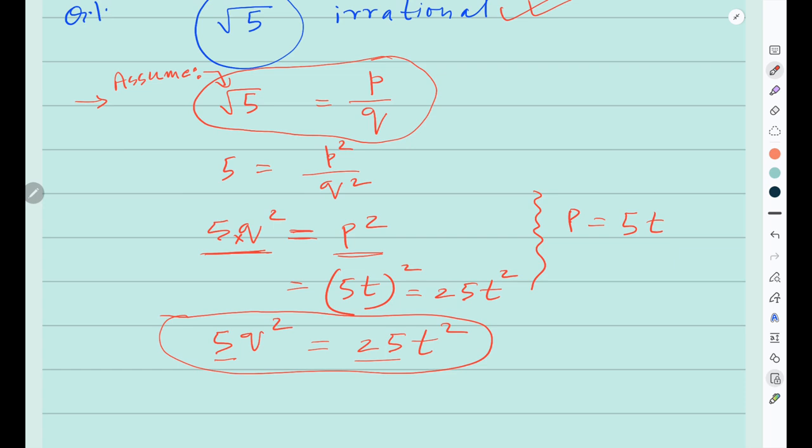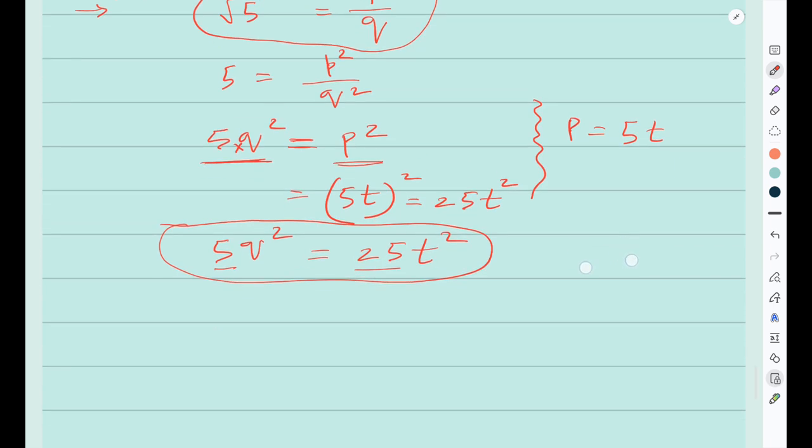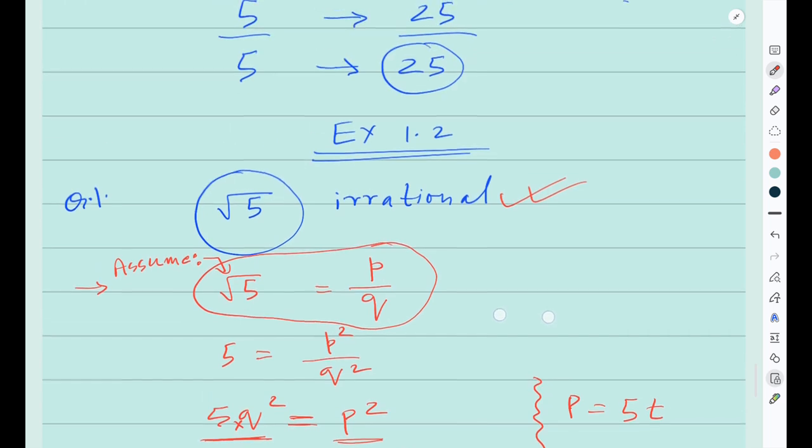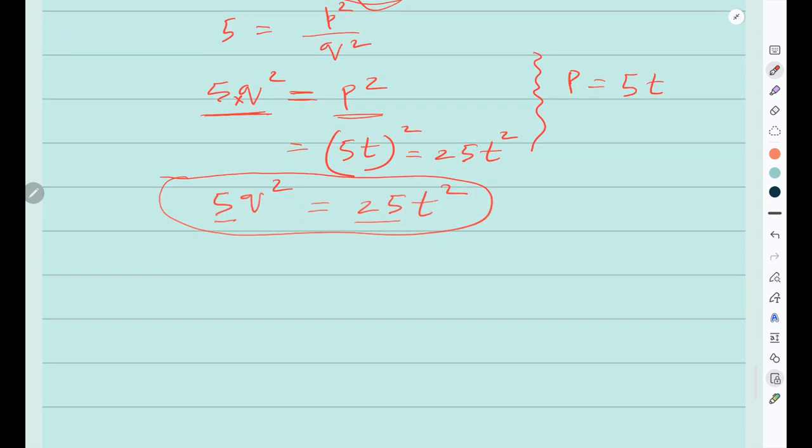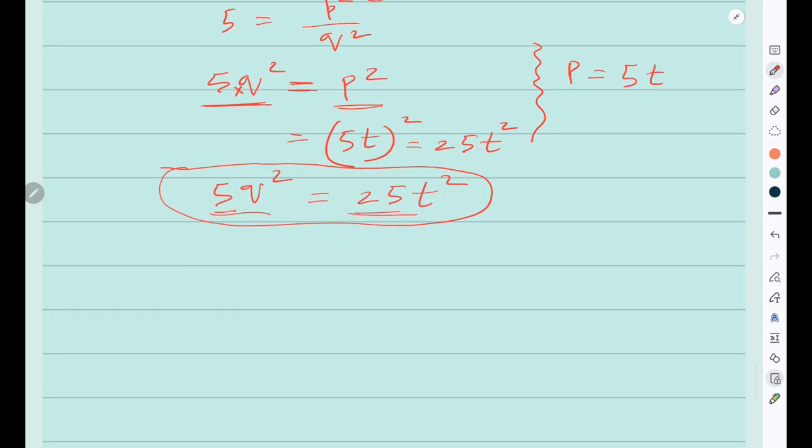But if it is to be a rational number, there should not be any common factor. It should be expressible in the form of p by q, where p and q don't have any factor in common. But here we see there is a common factor.